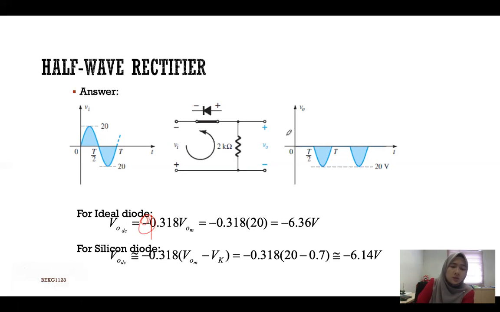The Vm here is 20 volt, the maximum, so it equals negative 6.36. But if you consider the diode as a silicon diode, you need to use negative 0.318 Vm minus Vk. Vk for silicon is 0.7, so you will get negative 6.14 volt. You have a negative here because it's a reverse bias.